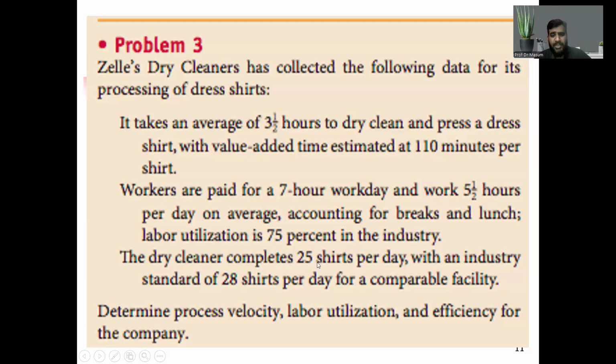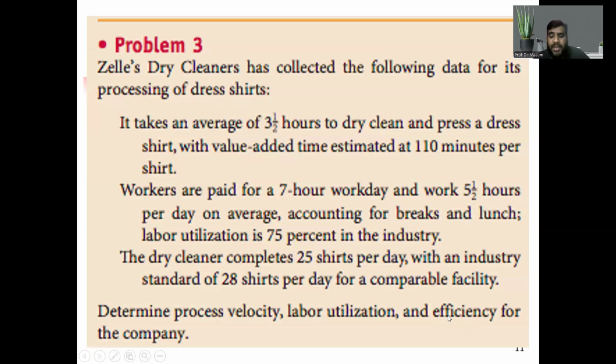The dry cleaner completes 25 shirts per day, actual output, with an industry standard of 28. So standard output is 28, and you are producing 25. What is the efficiency for your company? 25 divided by 28 is 89% efficiency compared to standard.